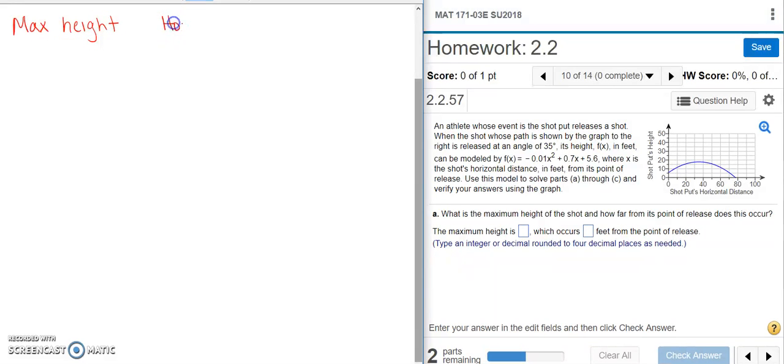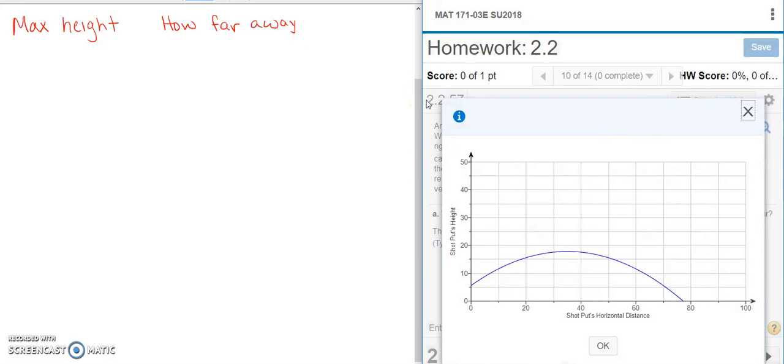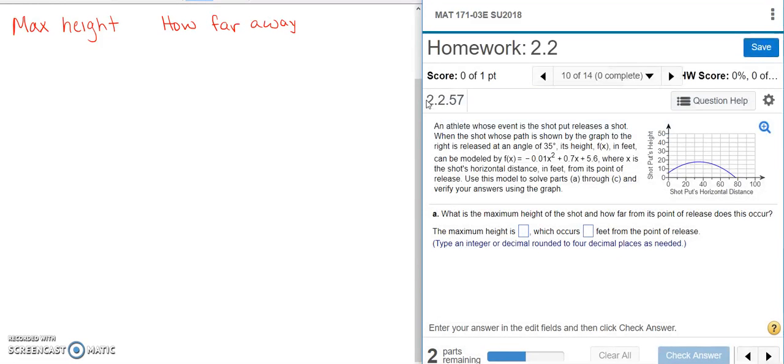Not how far till it hits the ground, but how far to get to the maximum height. You can kind of try and look at the graph, but honestly you can't get an exact answer. We know about where it should be, but you cannot get an exact answer from this.